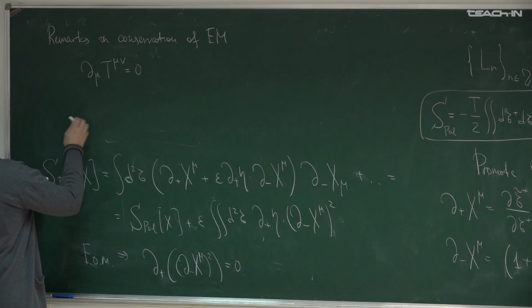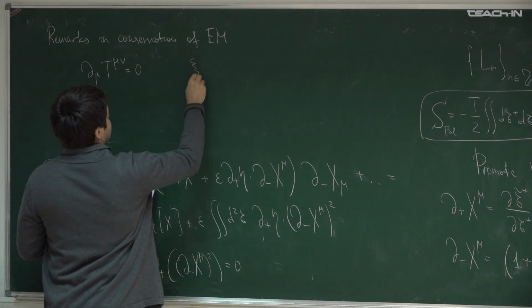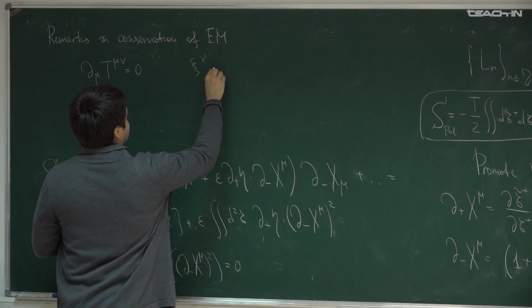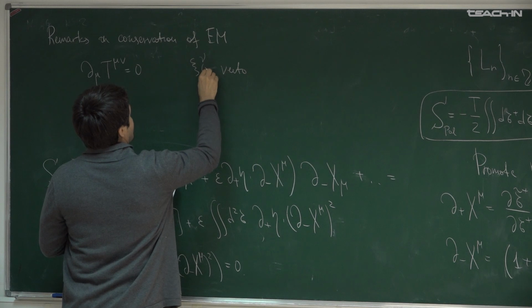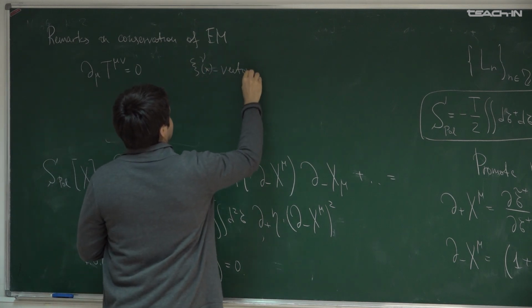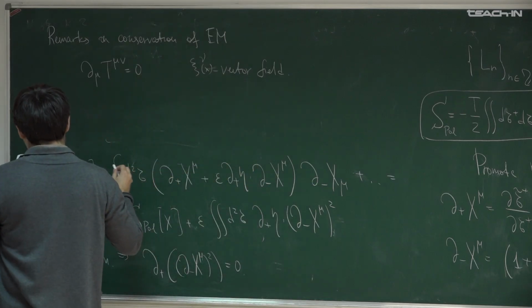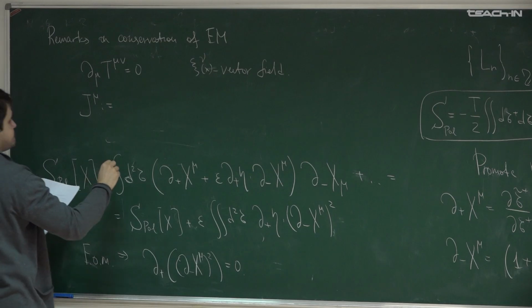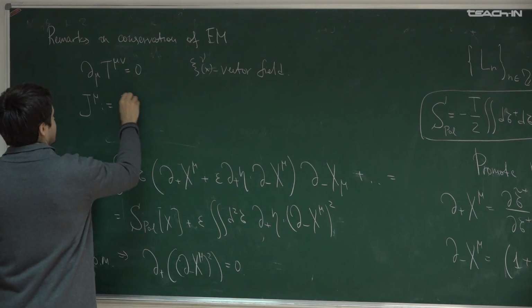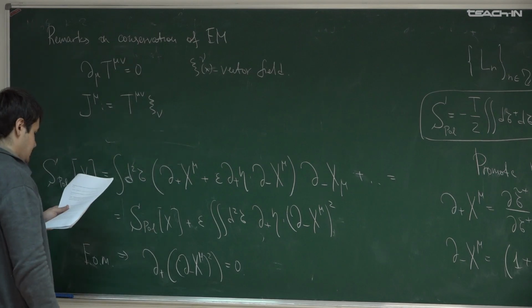So suppose we have some psi nu, a vector field. So we construct J mu, by definition, T mu nu times psi nu.